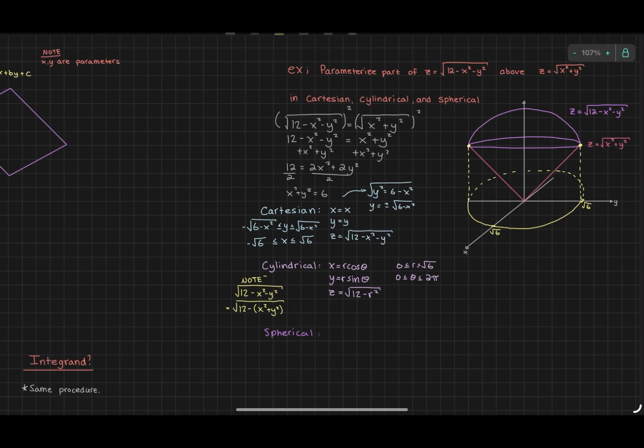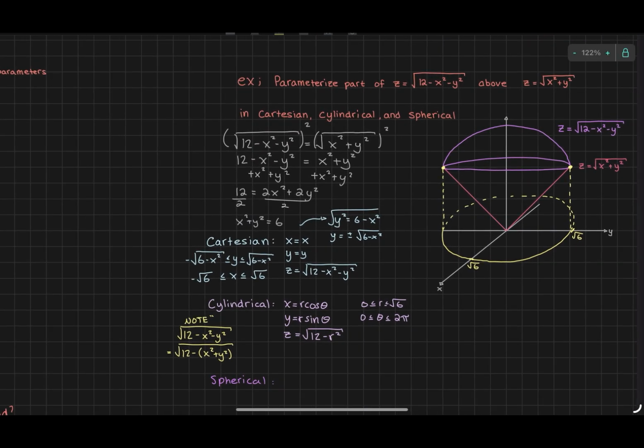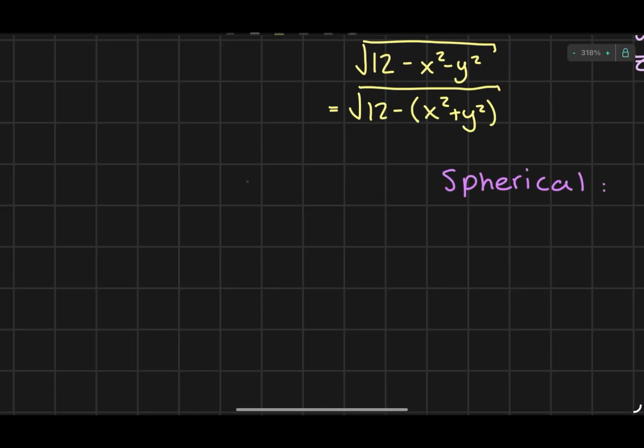Well, what is our rho going to be? Once again, we're going to have to rearrange our little formula here. So let's make a note. We're going to be parameterizing z is equal to the square root of 12 minus x squared minus y squared.